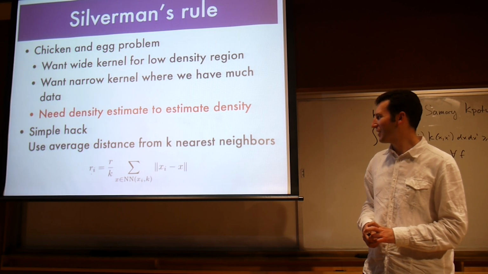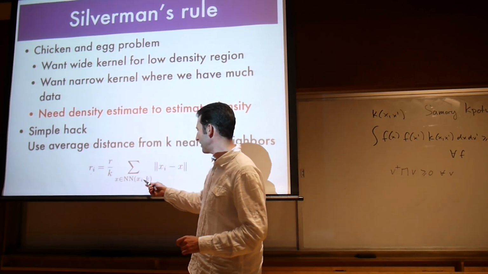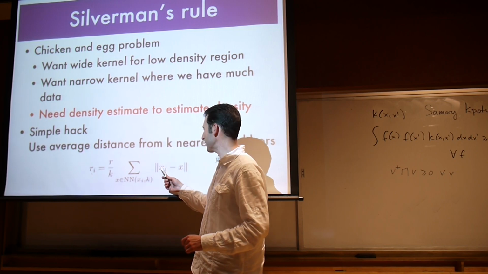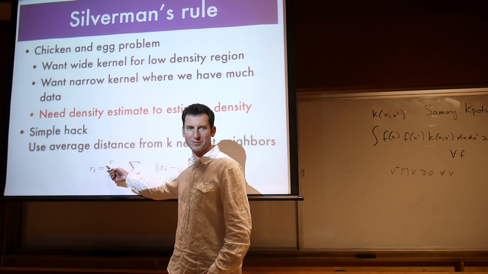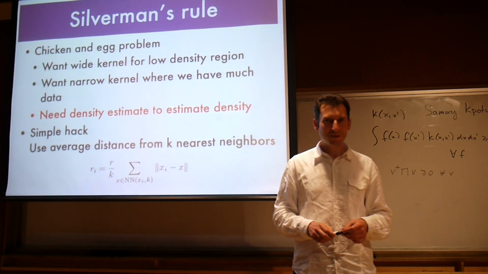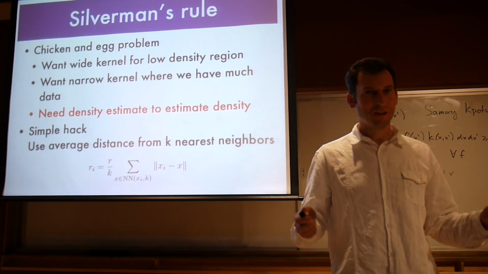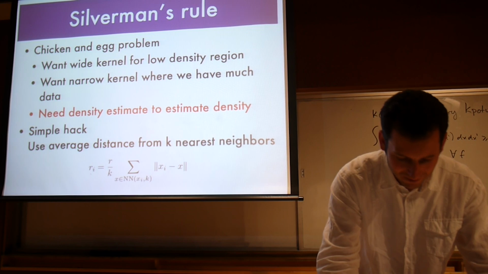So, Silverman's trick was actually quite ingenious. He basically said, let's look at the k-nearest neighbors of an instance, take the average distance, and scale it by some fudge factor, maybe 1/2 or so, and use that for a locally and therefore non-uniform density scale of the data.